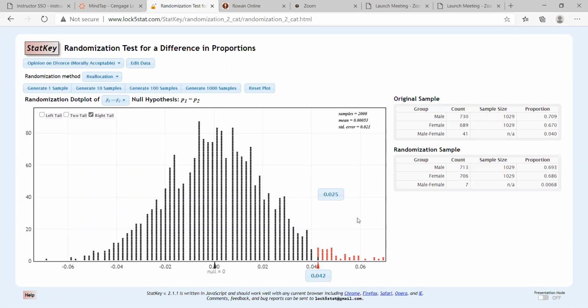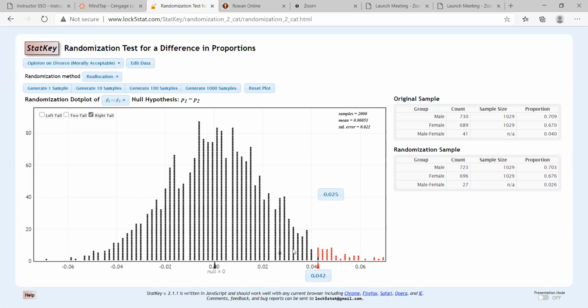Now, what are we going to put into the box here? We're going to put in our sample difference between males and females, which is 0.04. When you're doing difference in proportions, and the null difference is 0, the negatives indicate that females find it more acceptable than males.